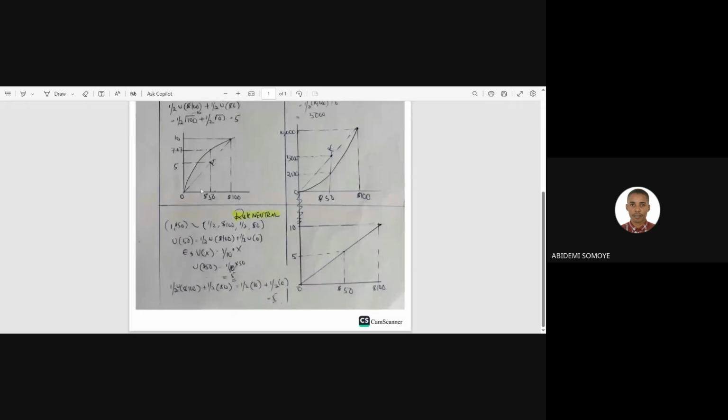Now, what about risk neutral? Who wants to explain that to me? How are we going to explain risk neutral?